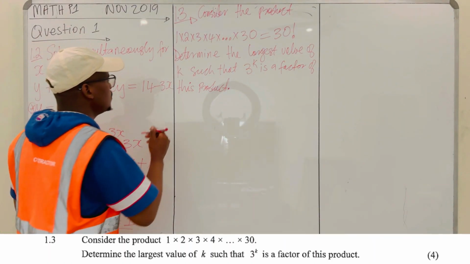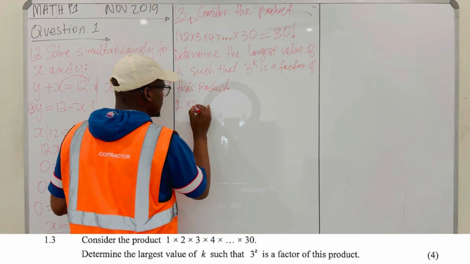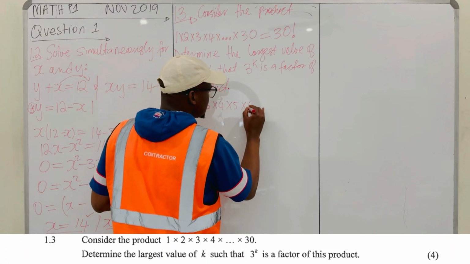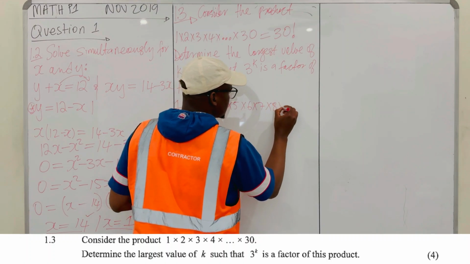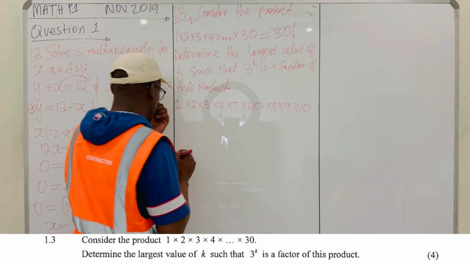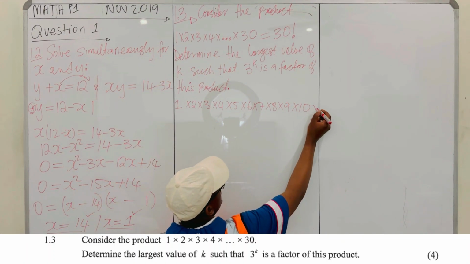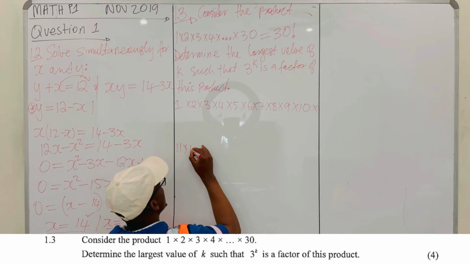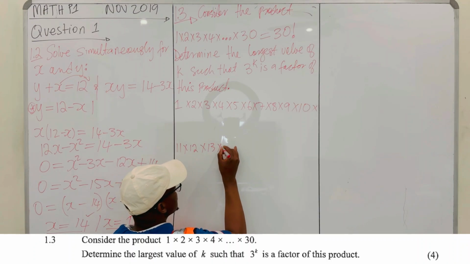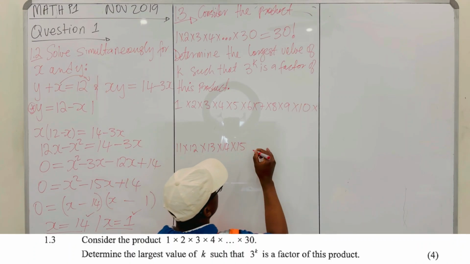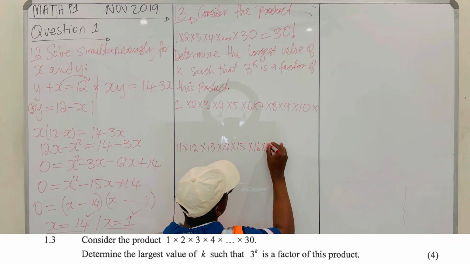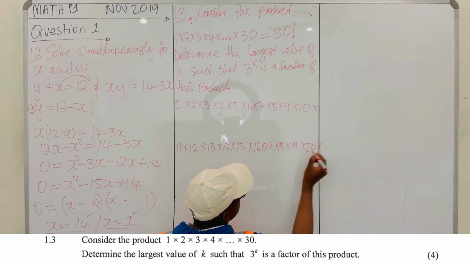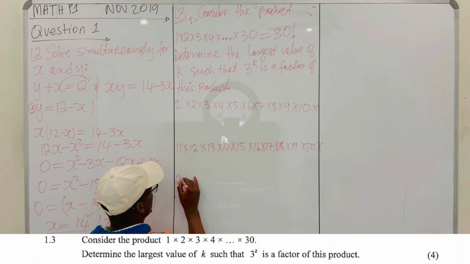I'll say 1 times 2 times 3 times 4 times 5 times 6 times 7 times 8 times 9 times 10. So times what? Times 11 down here. So I'm continuing with it. Times 12 times 13 times 14 times 15 times 16 times 17 times 18 times 19 times 20 times what? Times 21, right?